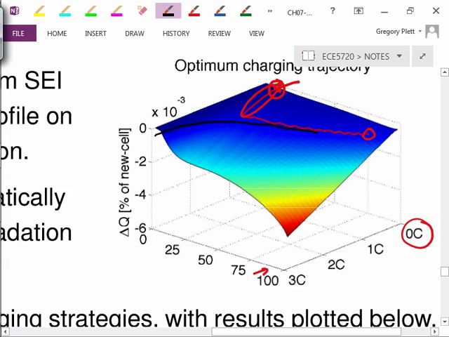Notice that there's kind of a Grand Canyon here where there's a sharp difference between no lithium plating and lithium plating basically, and SEI growth being factored in kind of smooths that edge off. But there is a plateau of low degradation, and then on the other side of that plateau, there's high degradation.